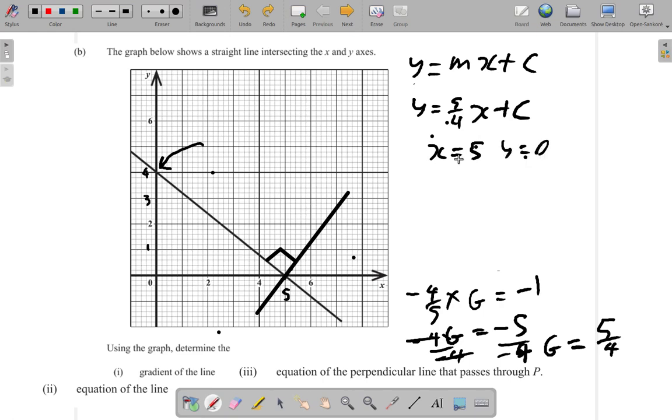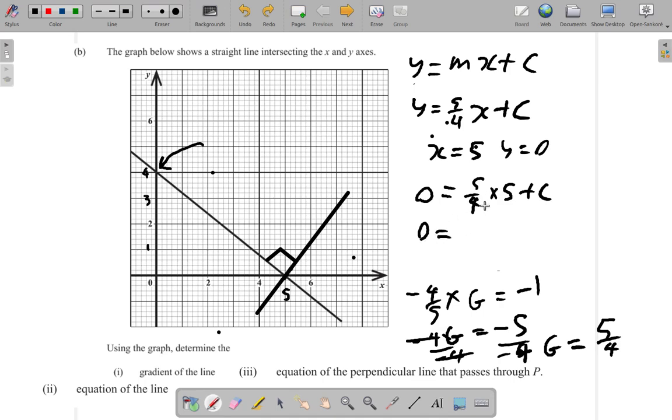So substituting y, which is 0, is equal to 5 over 4 times x, which is 5, times 5 plus c. This will enable us to find c.